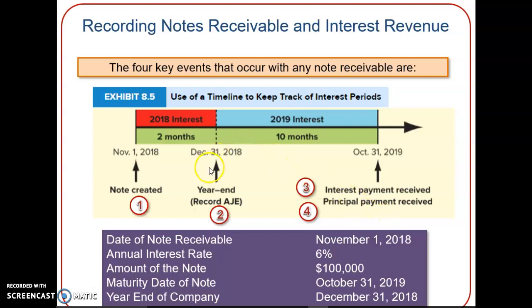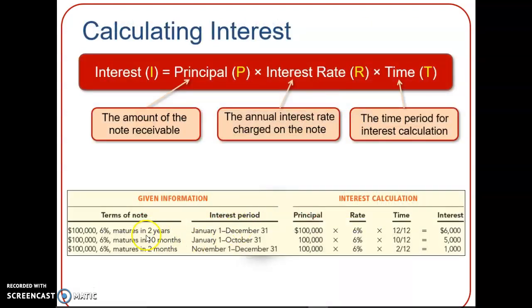Sometimes, as in our previous example, the note receivable matures in 2 years. However, we accountants are not going to wait until the end of 2 years to record the interest. Remember, the balance sheet and the income statement typically are produced at least every year.